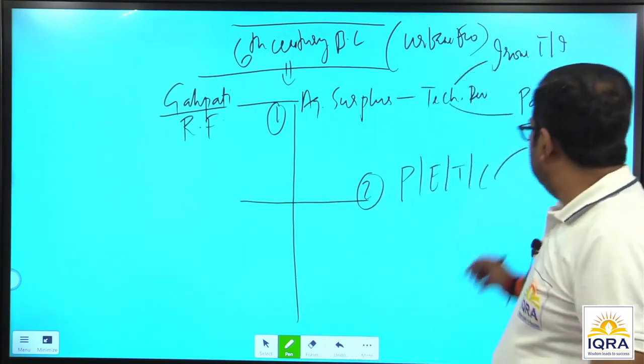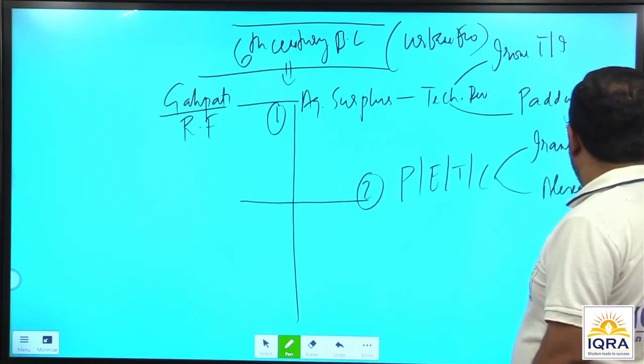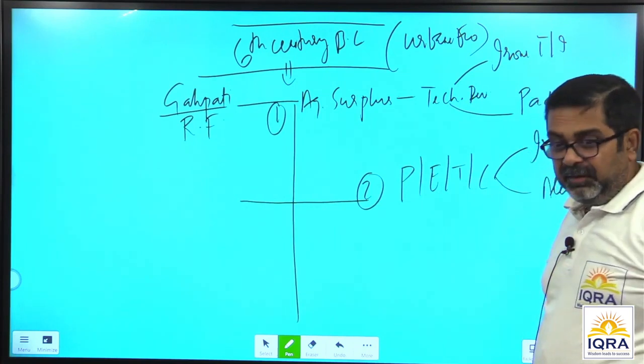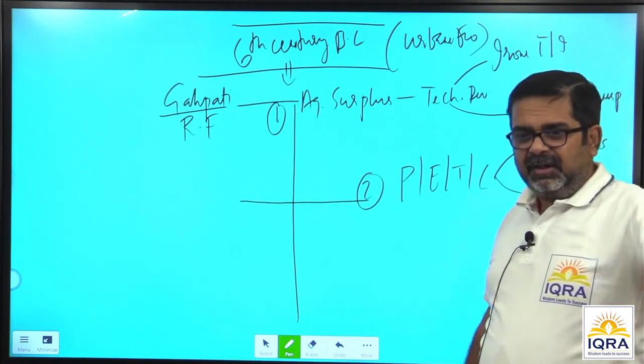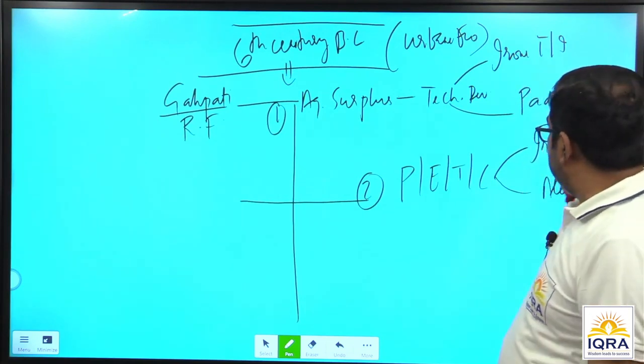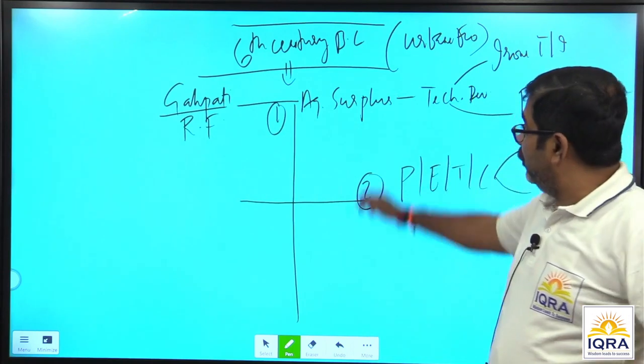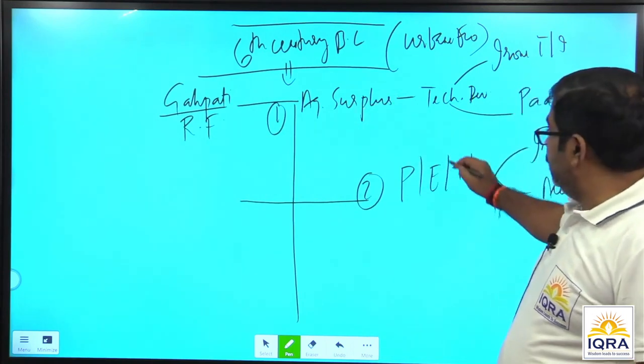And then Alexander commands northern path, commands Silk Route and a part of northern path. And this gave promotion to external trade. So promotion to internal trade, promotion to external trade.